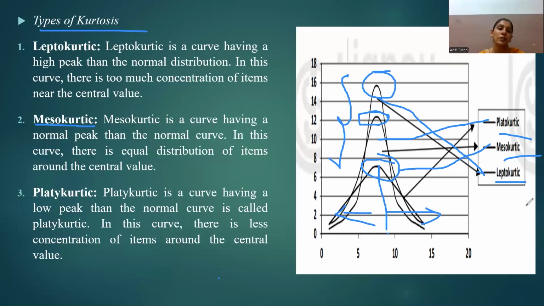So this is the major difference, while both skewness and kurtosis describe the shape of the distribution. This is the difference between skewness and kurtosis.